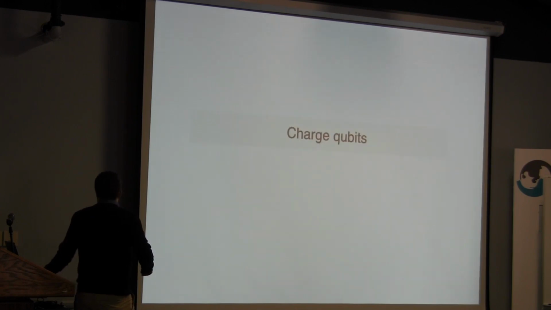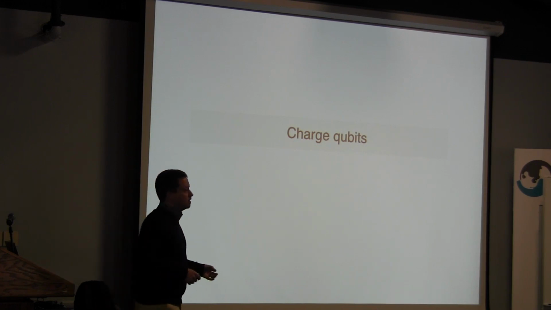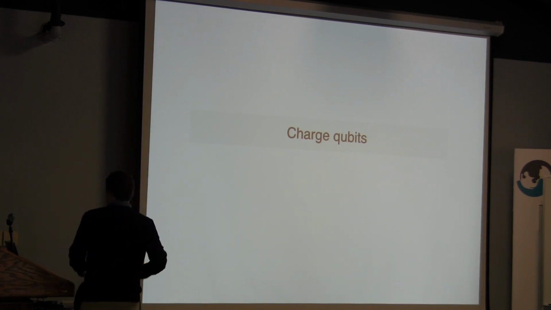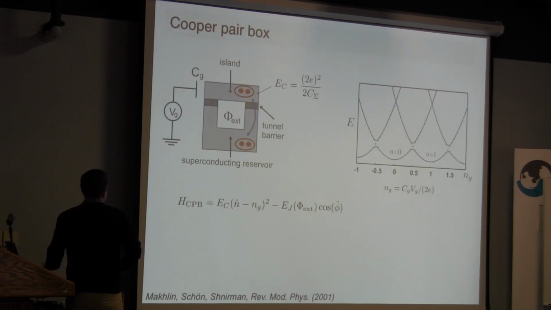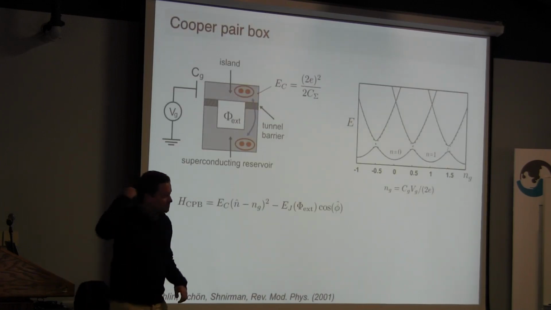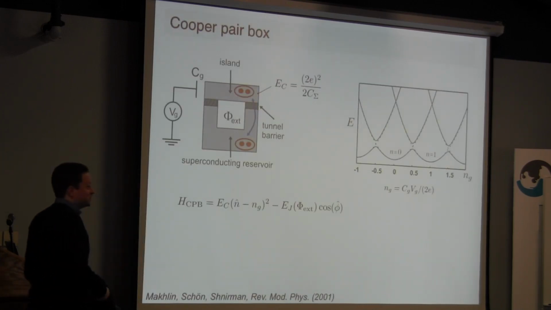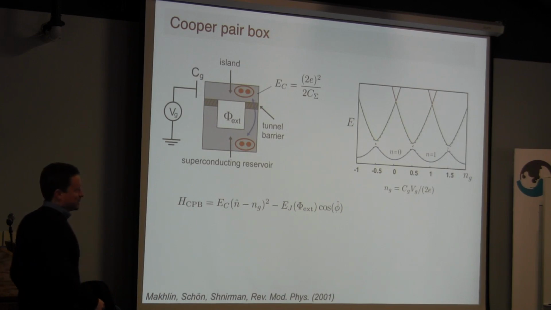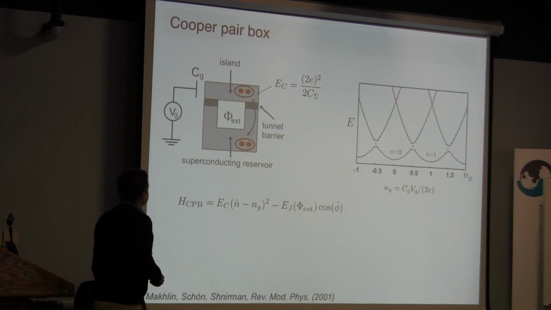Let me now explain these ideas in a little more detail, focusing first on charge qubits. So what is a charge qubit? We talk a lot now about transmons, but let's go a few years back when people were still talking about Cooper pair boxes and charge qubits.